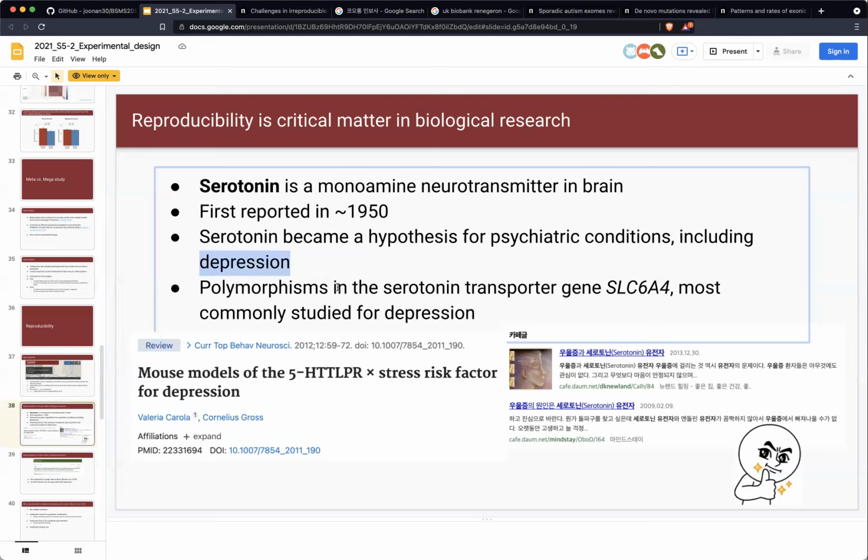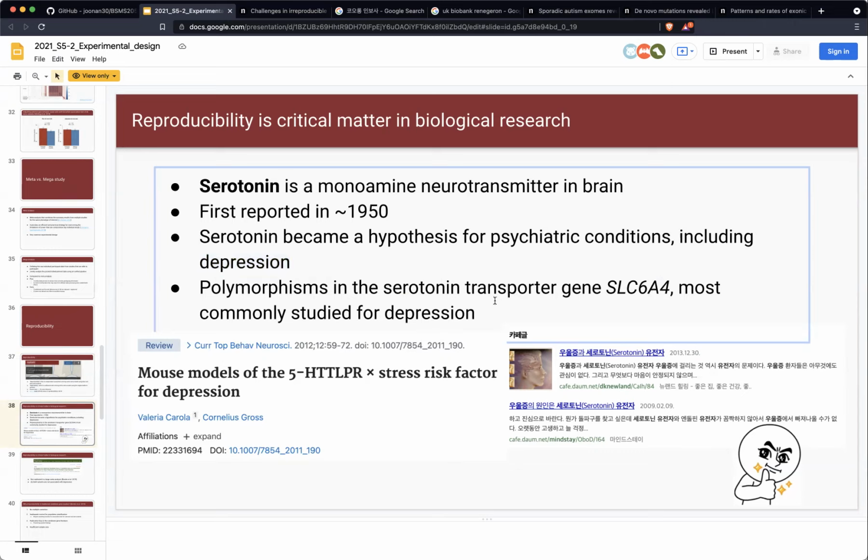And people tried to find genotypes and mutations in the serotonin transporter gene, which takes in the serotonin and delivers it to different parts of the brain, right? That function is operated by the gene SLC6A4, right? And this is one of the common genes people have heavily studied for depression.